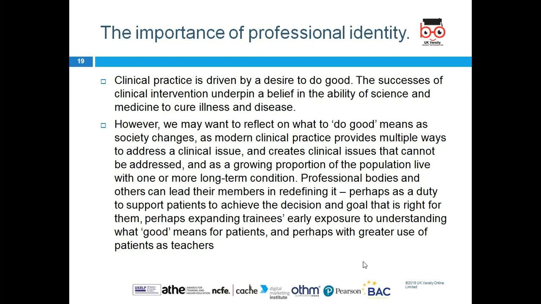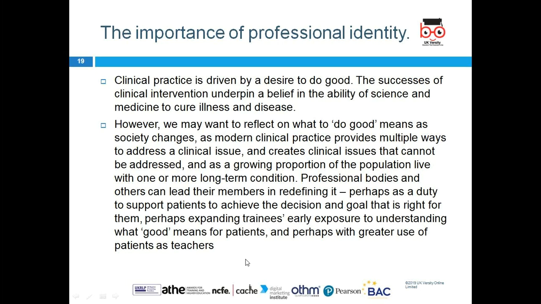So as a growing proportion of the population live with one or more long-term condition, like we mentioned, some will have dementia, others will have diabetes or asthma or even things to do with blood pressure. So trying to cater for all these different individuals with the different needs can be very time consuming, trying to do something personalized for each person.